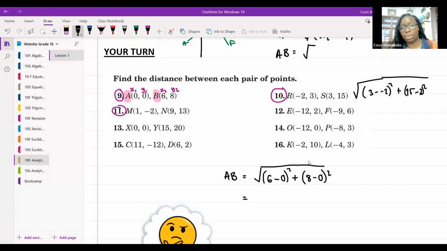Okay, and this is equal to the square root of 6 squared plus 8 squared. If you punch it into your calculator exactly the way it looks, it's going to give us 10.